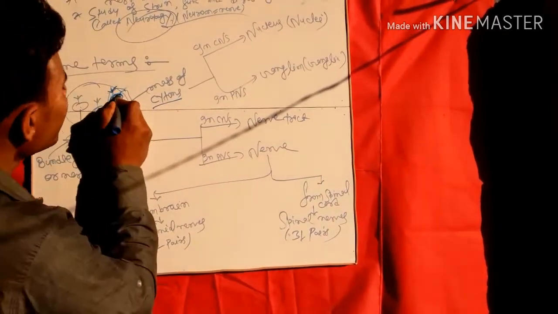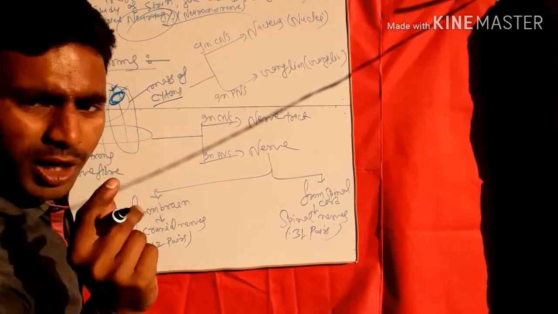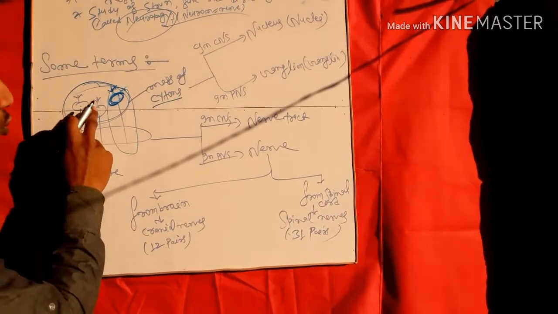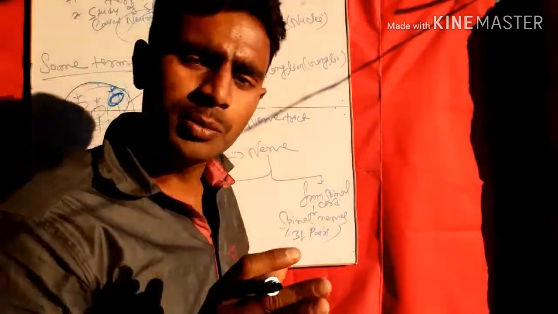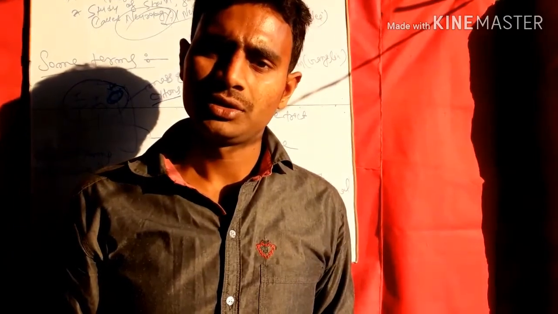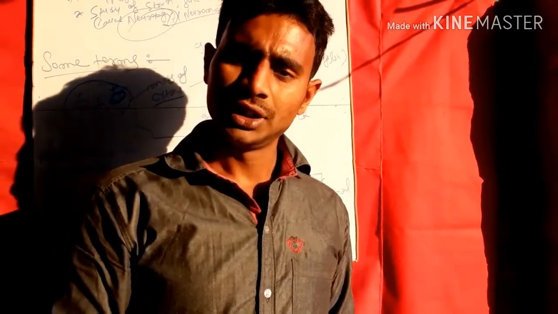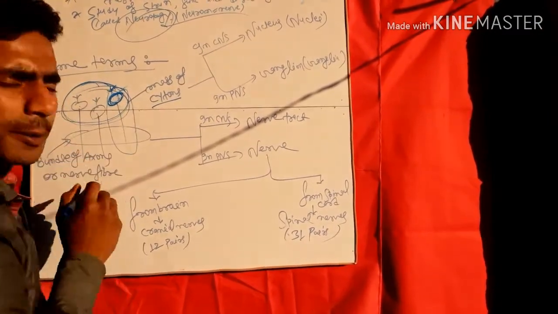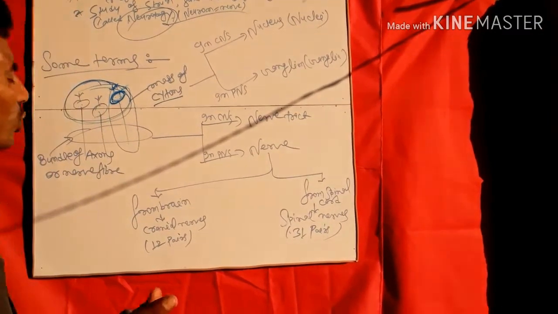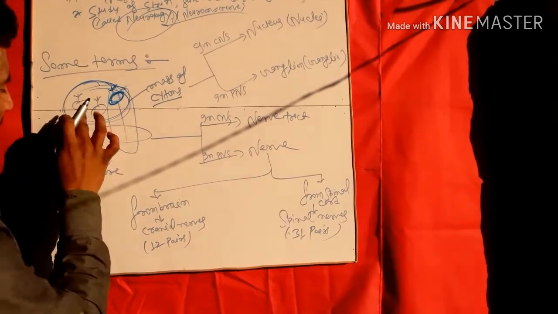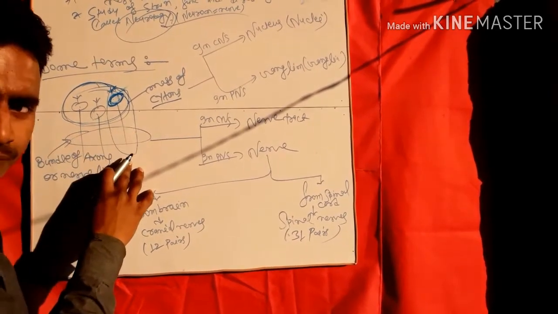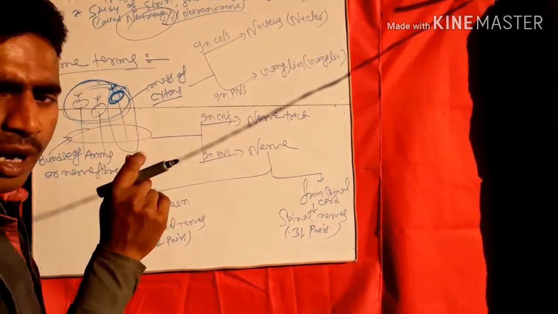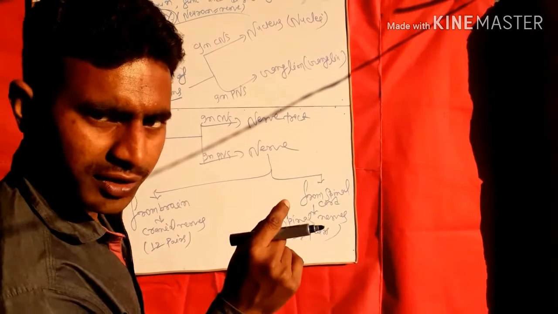Okay, and this is the cyton, this is the cell body, and a group of many cytons is called a mass of cytons. And this is the axon part. On the axon part, the myelin sheath is present.